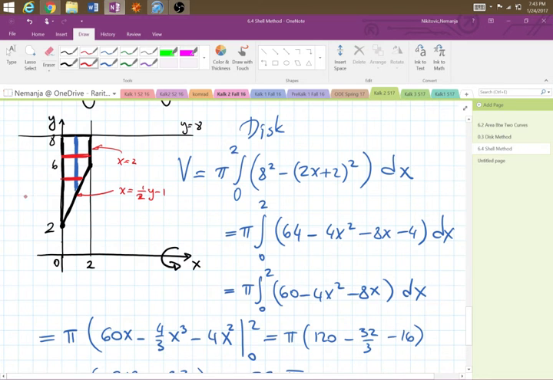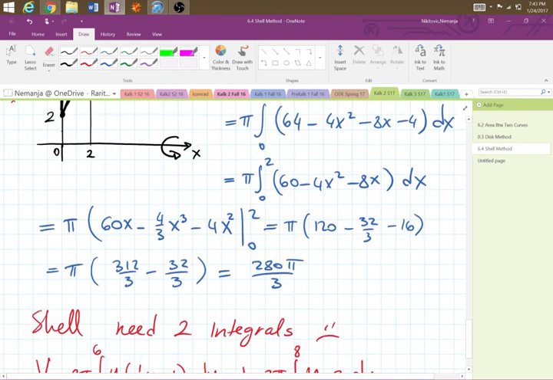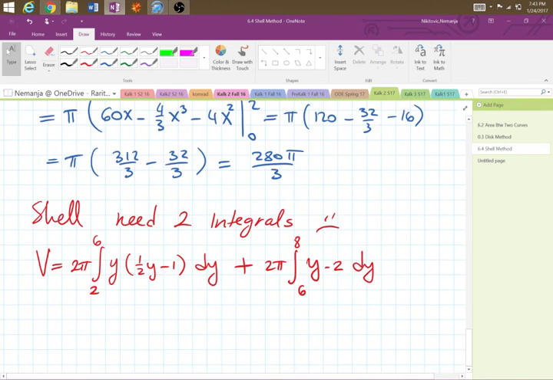And on this side, the function is always x equals 0. That's the y axis. So now all I need to do is compute this. Maybe I should just put parentheses.